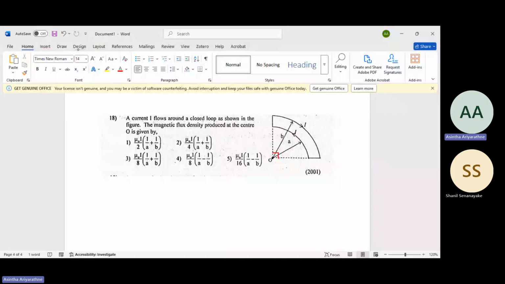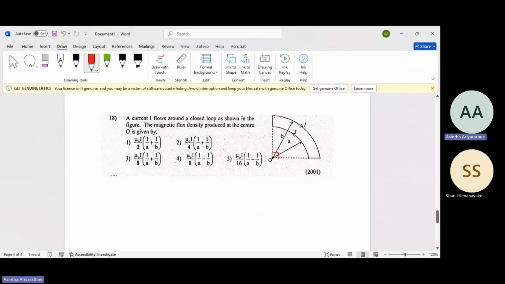Right, so we don't have to worry about these two. The angle theta is 0, so sin theta becomes 0, and the total expression in the Biot-Savart law becomes 0. So there is no magnetic field due to these two segments which are directed to the point O. The magnetic field result would be due to these two arcs.